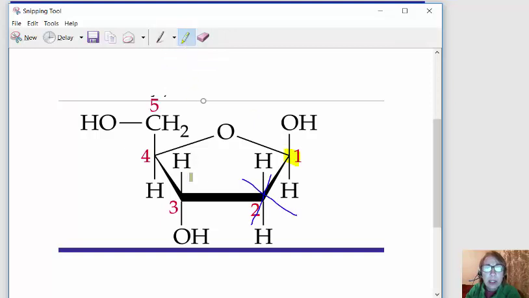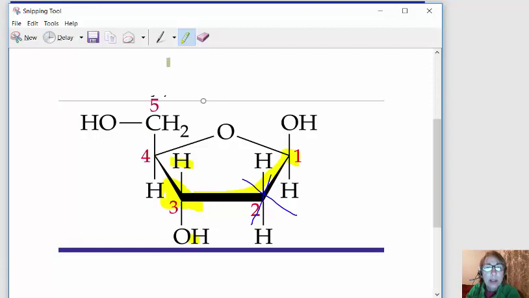And if we look at C3, we see it is bonded to this group on the left. It's bonded to a hydrogen, hydroxyl, and a different group on, oh, I said that was the left, I meant the right. A different group on the left than on the right. So C3 is also chiral.